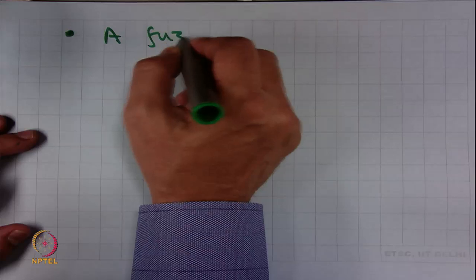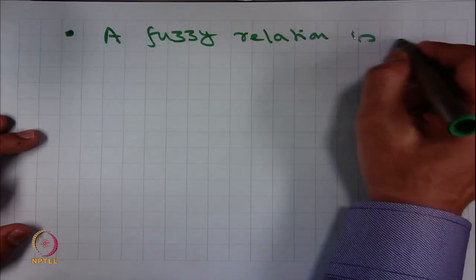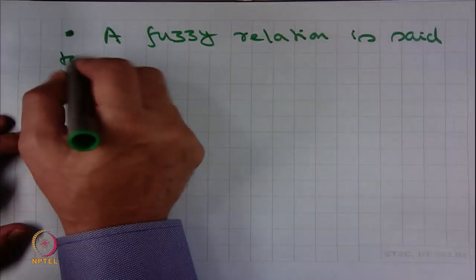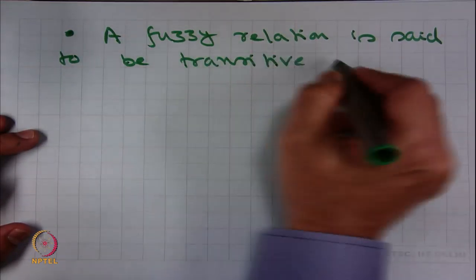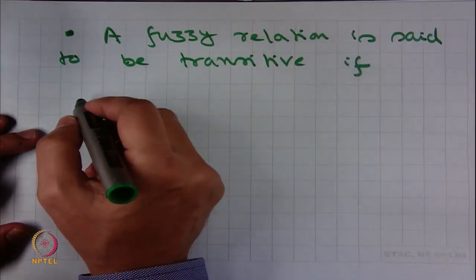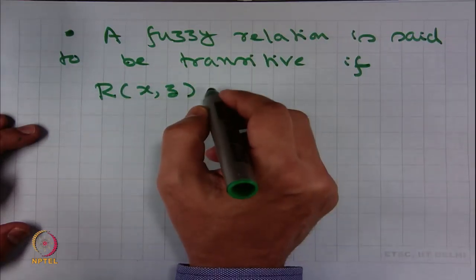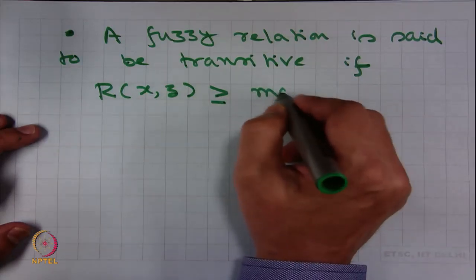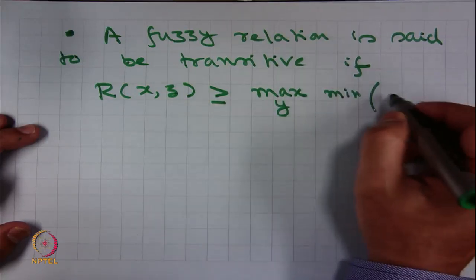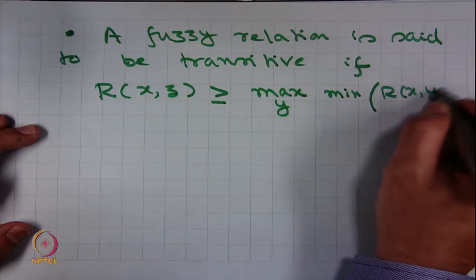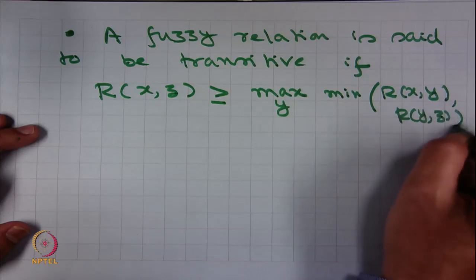A fuzzy relation is said to be transitive if R(x, z) is greater than or equal to maximum over y of minimum of R(x, y), R(y, z).